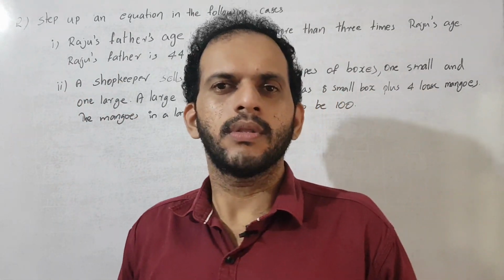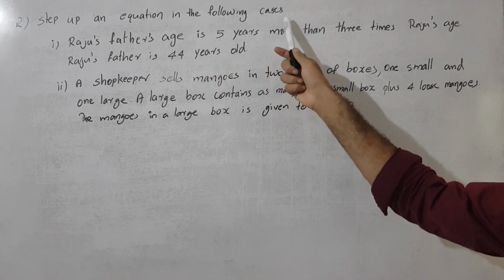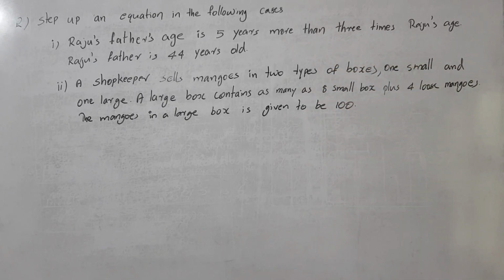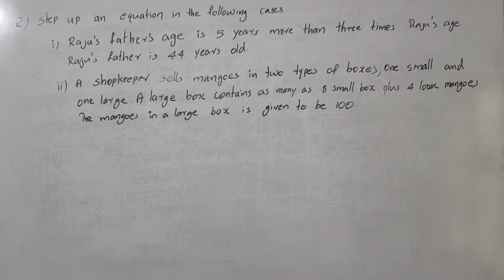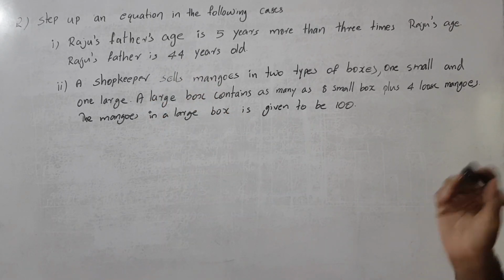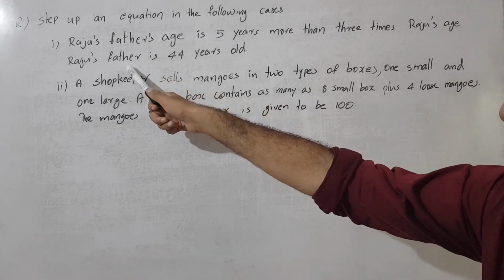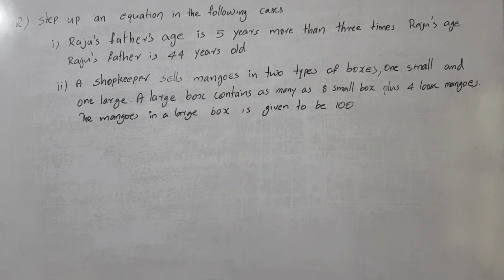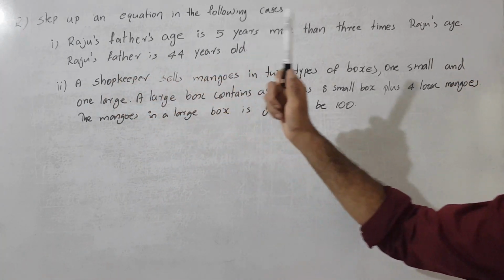Okay, so the first example is like this. Raju's father's age is 5 years more than 3 times Raju's age. Raju's father is 44 years old. Here the age of father is given, 44, and the relation between Raju's father's age and Raju's age is given.